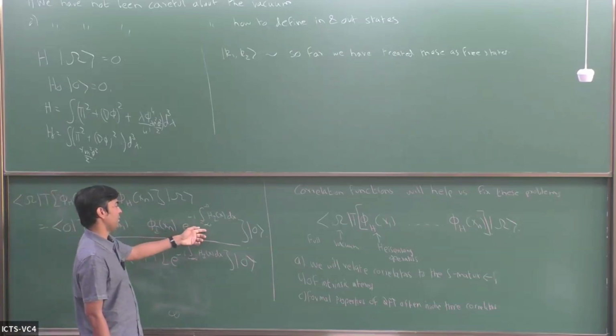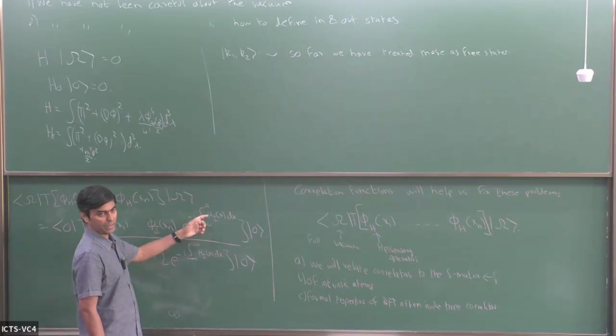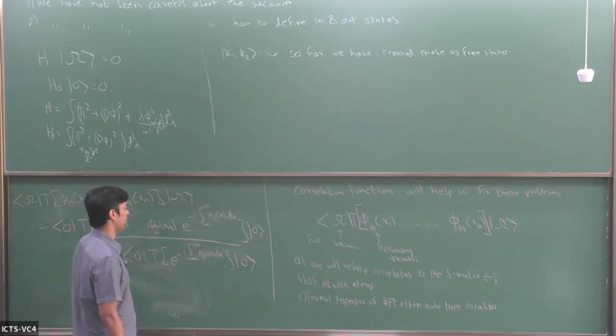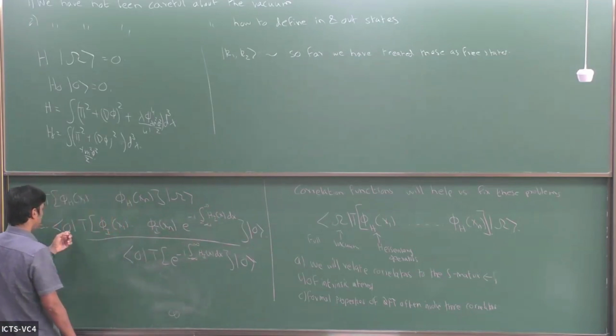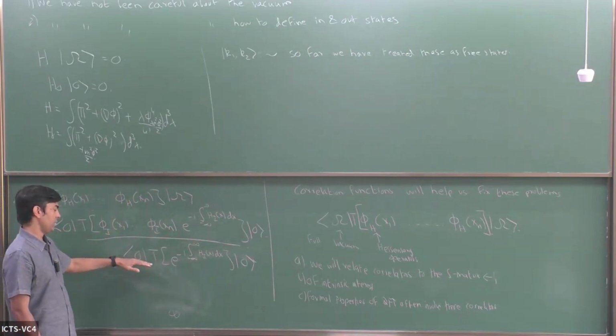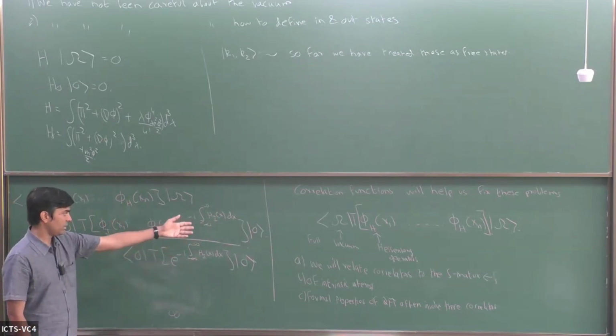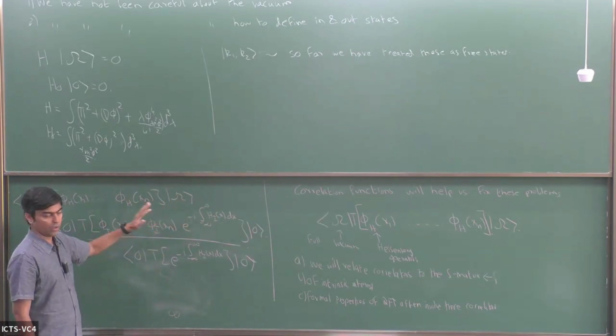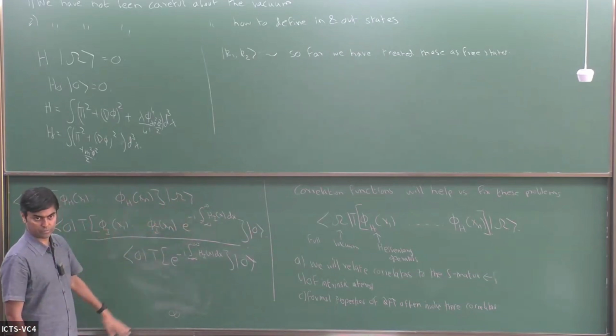This is what we have been calling the S matrix, the interaction picture evolution from minus infinity to infinity of the interaction picture Hamiltonian, computed in the ordinary vacuum, not in a different state, and divided by the vacuum expectation value of this same factor. So this is the formula that we want to prove.